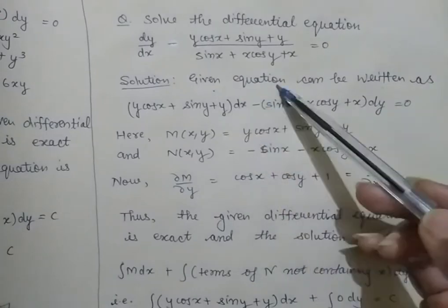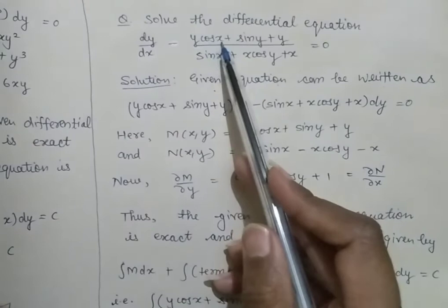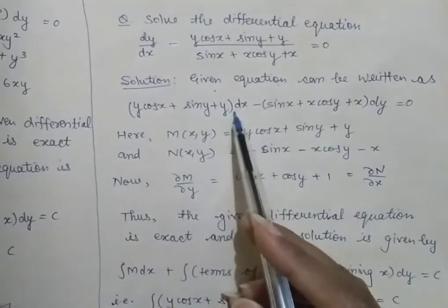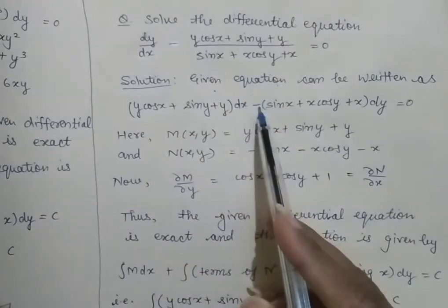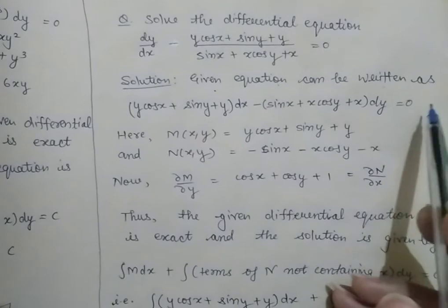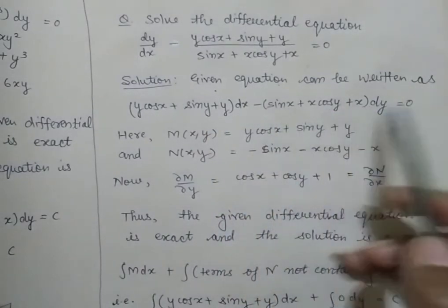So the given equation can be written as, with dx, I have y cos x plus sin y plus y. So (y cos x plus sin y plus y) dx minus (sin x plus x cos y plus x) dy equal to 0. This equation is of the form M dx minus N dy equal to 0.